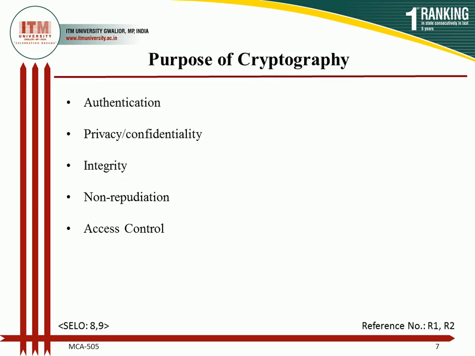If we talk about authentication, which we have already discussed, it basically says that when sender A sends a message to B, only A sends the message. It means no one can pose as user A and send the message to B. If A wants to send a message to B, only A can send it.